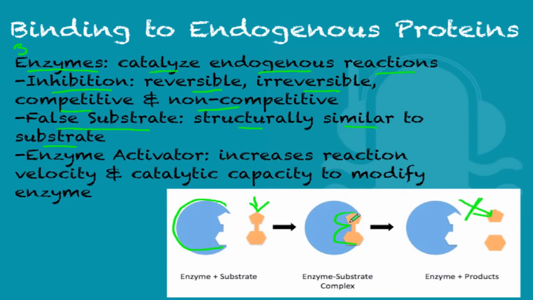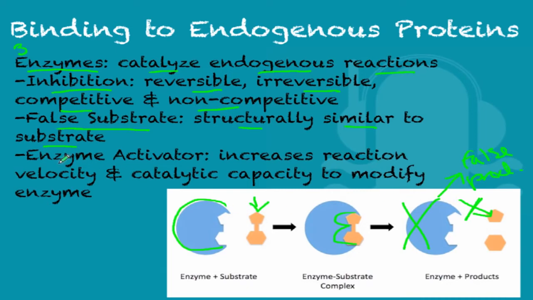It would block the enzyme's binding site, and the enzyme would not work anymore. If it did get released, it would make a false product. So this is the other way. False product. For example, methyldopa instead of L-dopa.